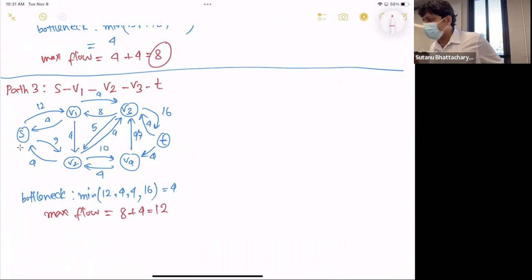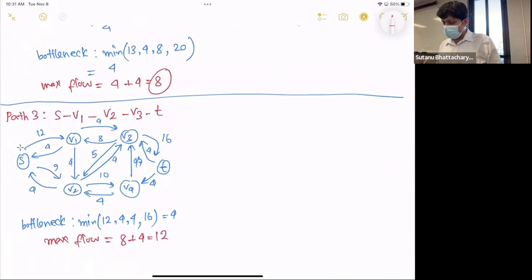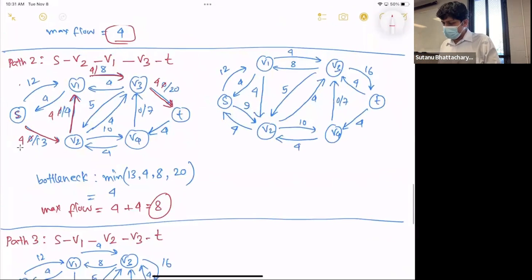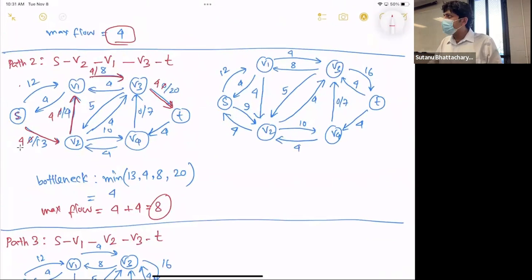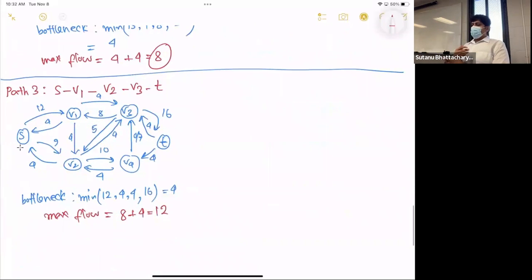Forward edge from V2 to V3, so shouldn't that be V3 to V2? Yeah, you are on the right track.